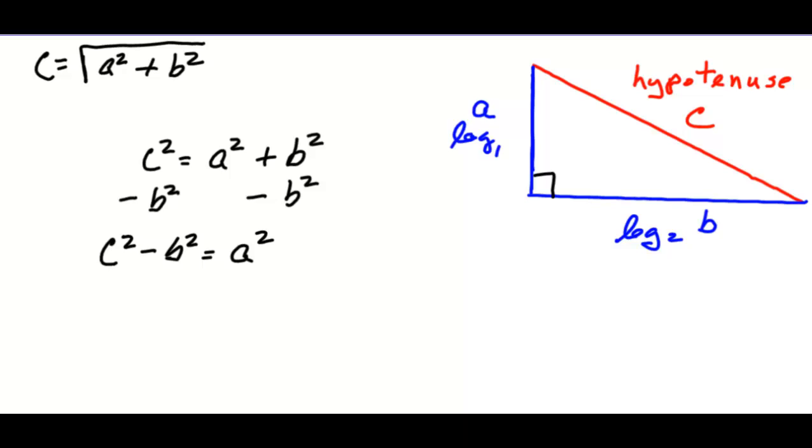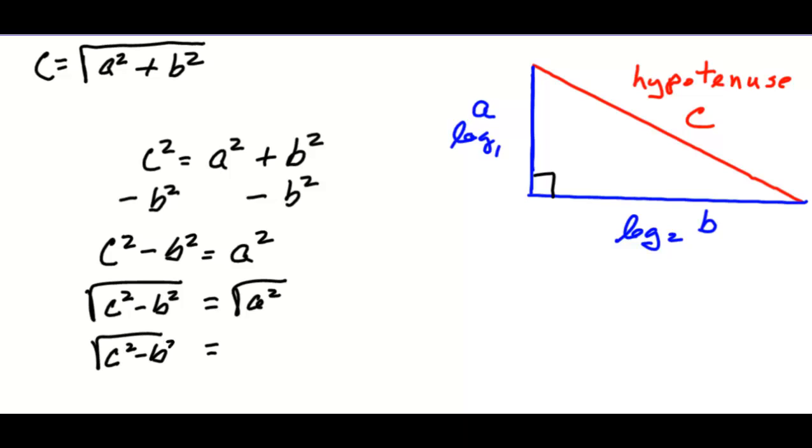So I've isolated the A side, and now if I take the square root of C squared minus B squared, I'll take the square root of A squared, so the square root of C squared minus B squared is equal to A.